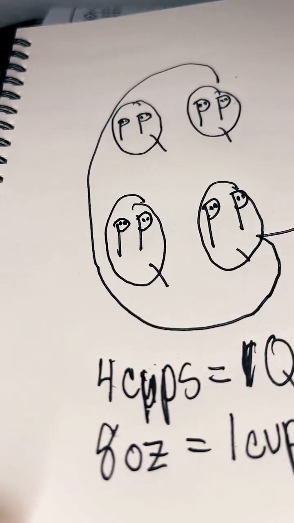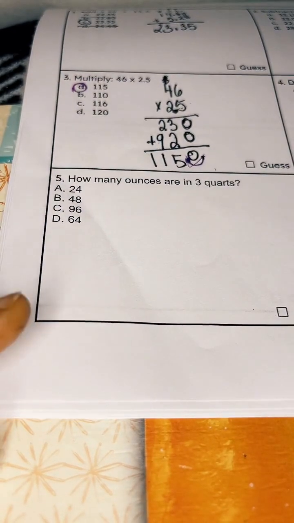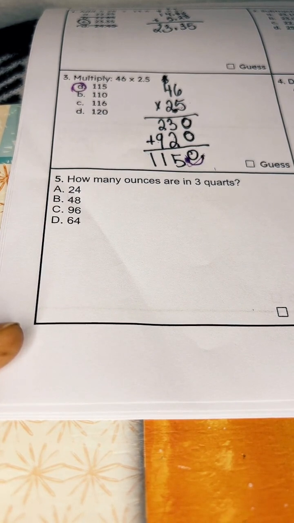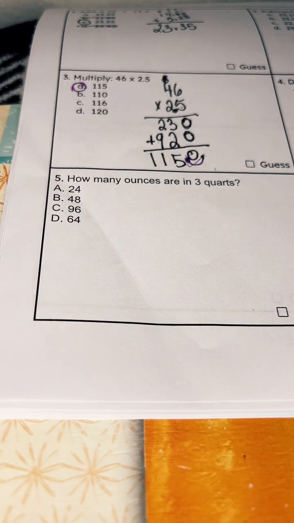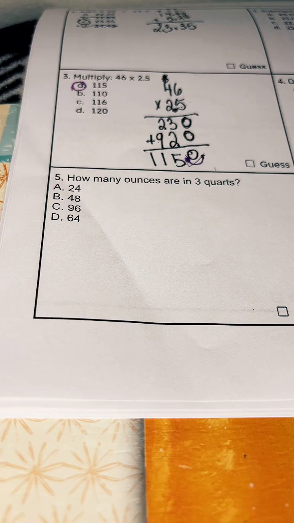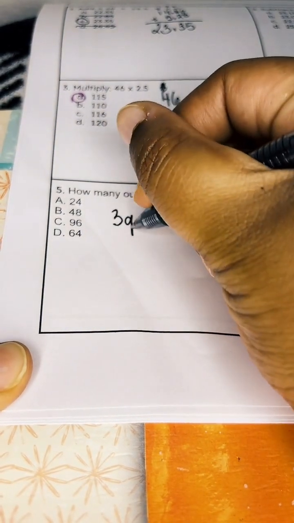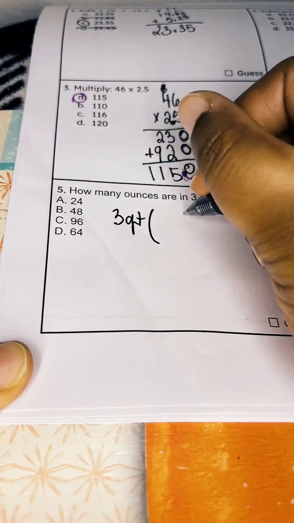So how does that help us? All right, let's go look at the problem again. Now that we know that, how many ounces are in 3 quarts? Well, let's change the 3 quarts first to cups.